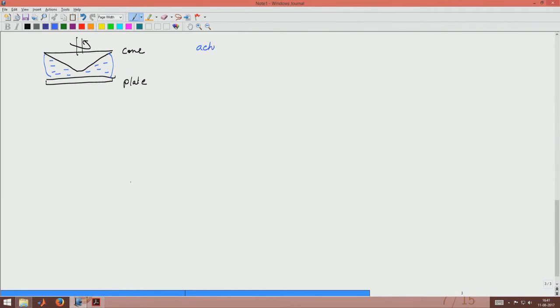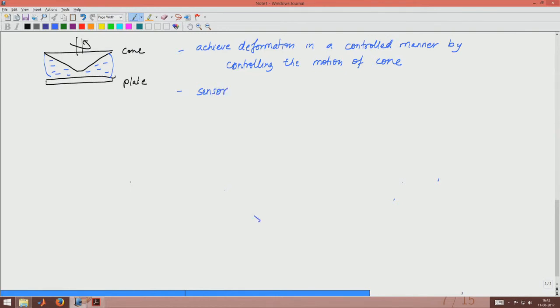The idea of the cone and plate device is to achieve deformation in a controlled manner by controlling the motion of the cone, and then we have sensors which can measure the forces generated in the material, that is, the state of stress in the material.